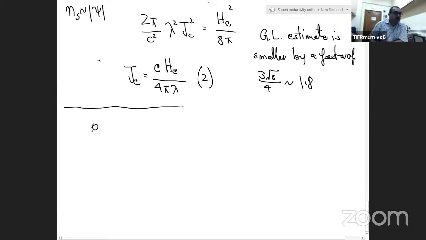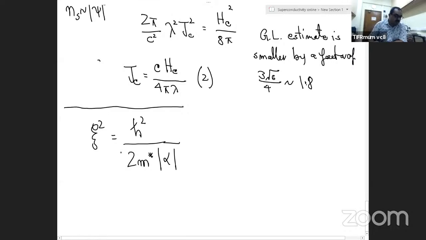I also know that the Ginzburg-Landau coherence length square is given by h cross square divided by twice m star alpha.